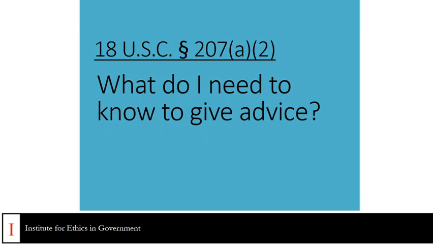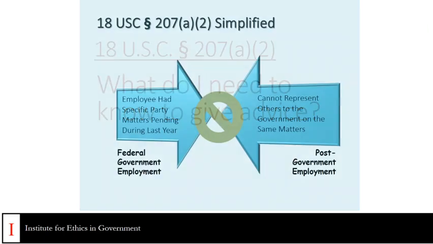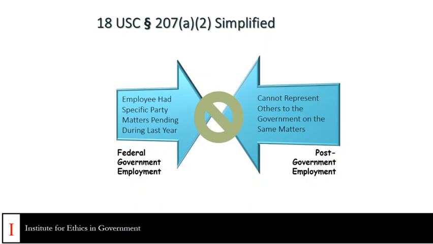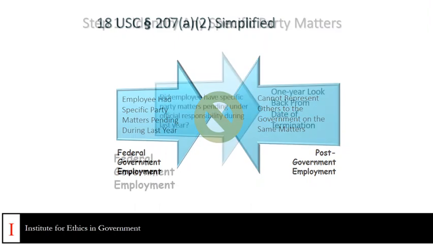So what do I need to know in order to give advice on 207(a)(2)? 207(a)(2), as was the case with 207(a)(1), is very intimately tied to the specific party matters that the employee had pending under their official responsibility during their last year of government service.